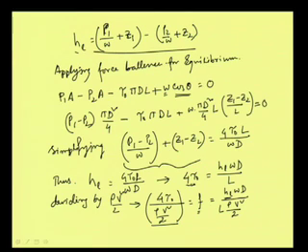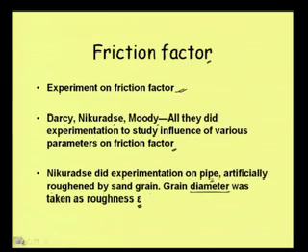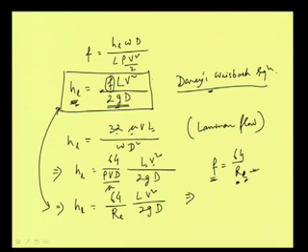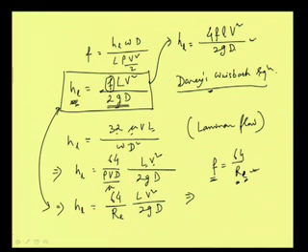If we take this 4 on the other side, then this equation can also be written as h_L is equal to 4 f L V squared by 2 g D. Some people prefer to use this equation because they want to show the 4 explicitly, but in that sense we will have to give the friction factor another name, say f dash, and this equation is known as Fanning's equation.